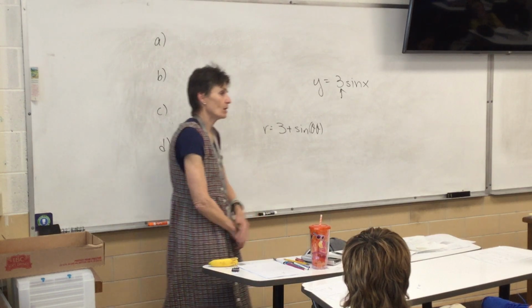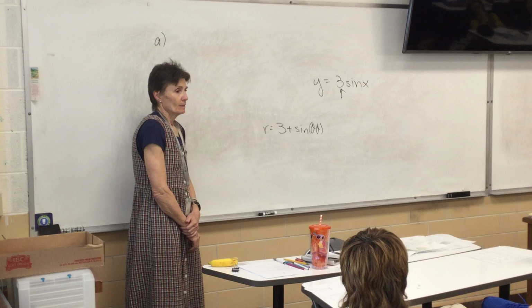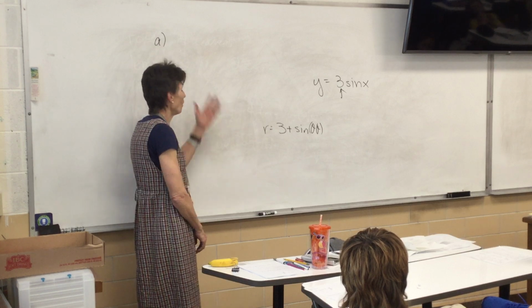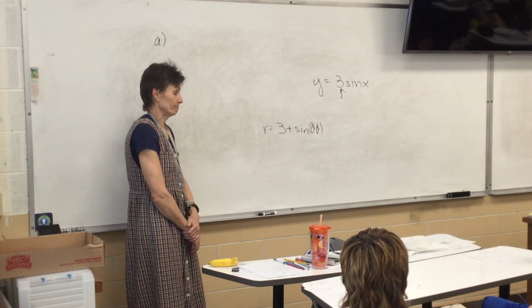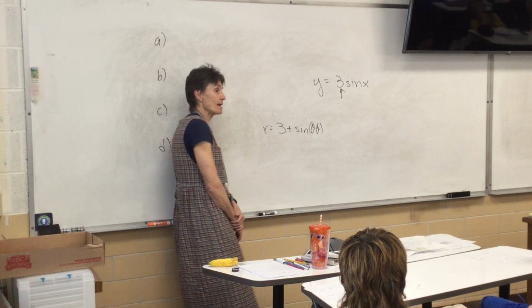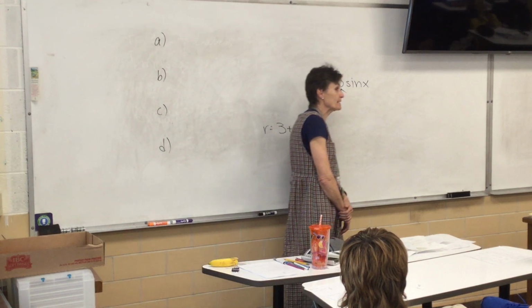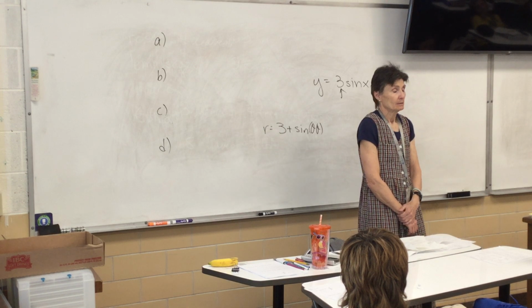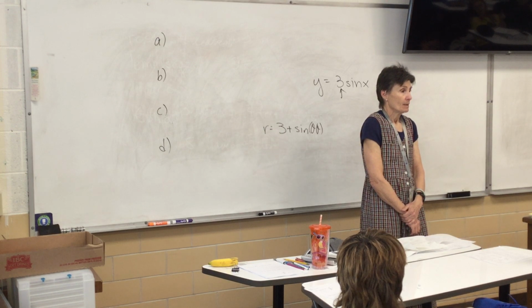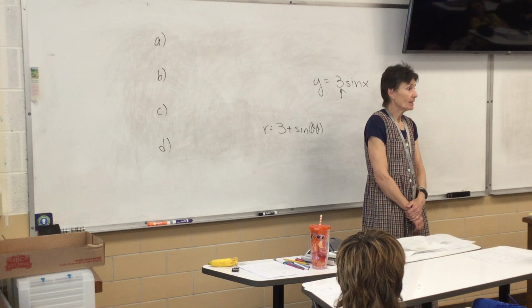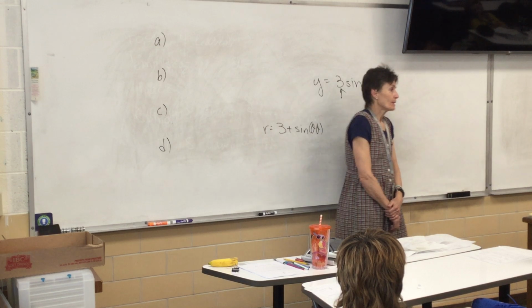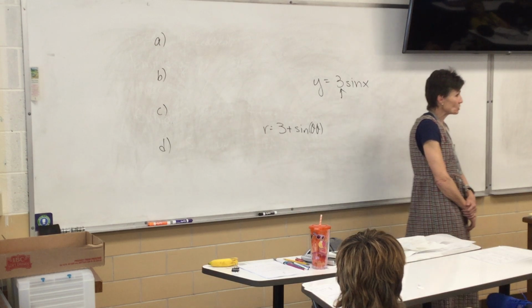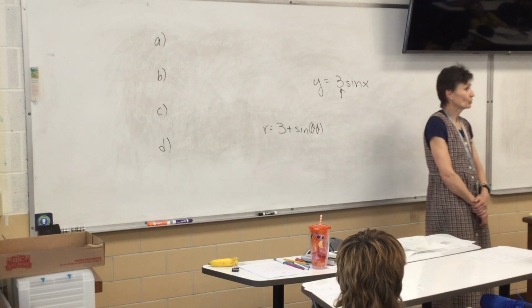It's not really an oval. These are all limacons. And they have different degrees of indentation. The last one not only has an indentation, but it also has an interior loop in it.